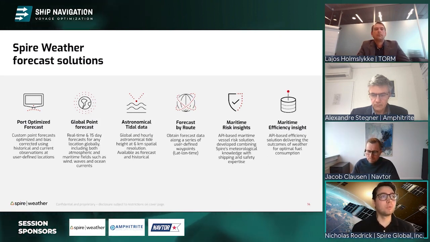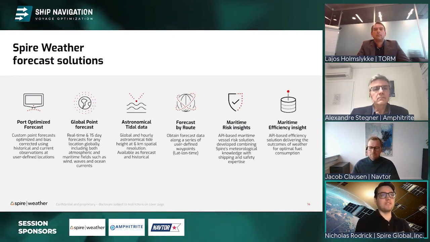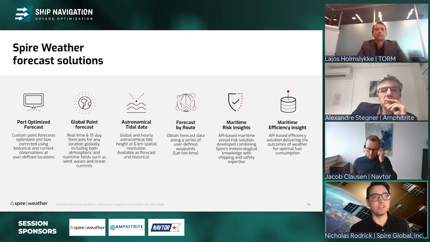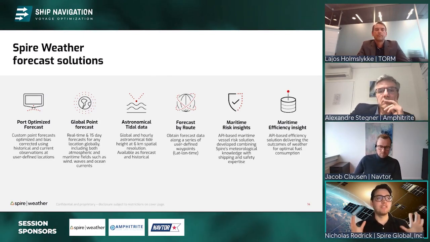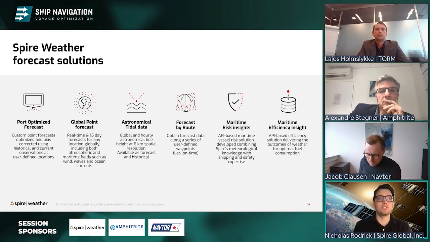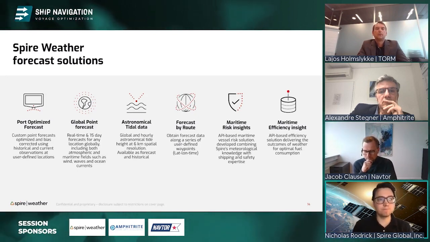So at Spire Weather, we have a full suite, starting with weather forecasting. Looking back at what we started with at the beginning of the presentation, we have 120 satellites in orbit. We take all of that data and input it into numerical weather prediction models and weather forecasts that can go out 15 days into the future.